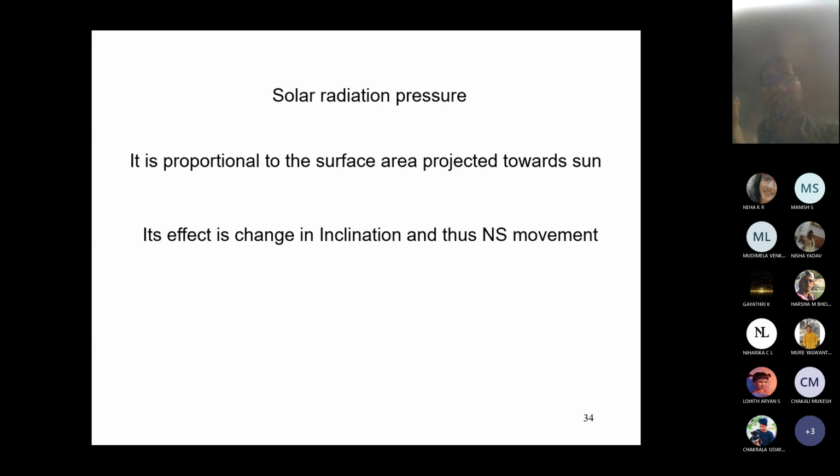So how much surface area of the satellite is facing towards the sun, that much surface area will be subjected to solar radiation, and that much portion of the satellite will be subjected to the solar gravitational field. So the more surface facing the solar radiation, the more will be the gravitation. So that will lead to north-south movement.